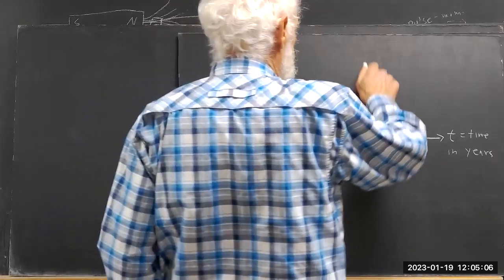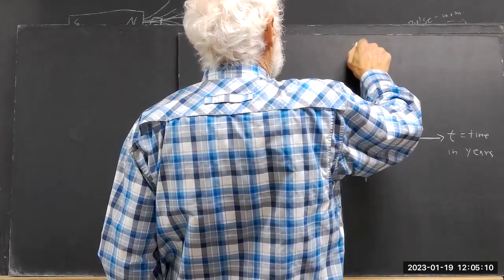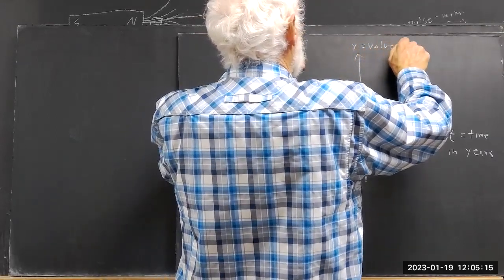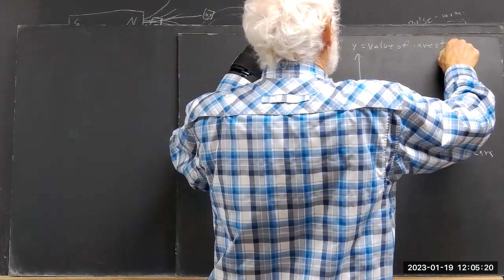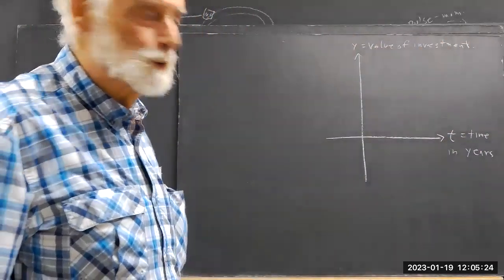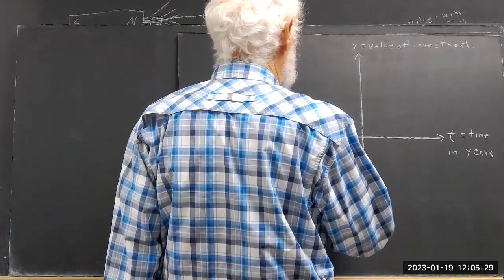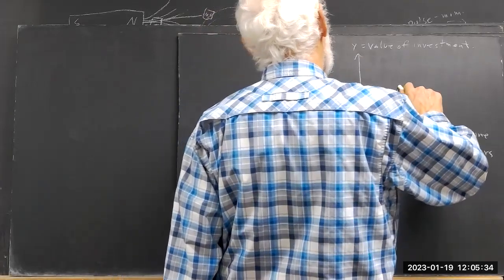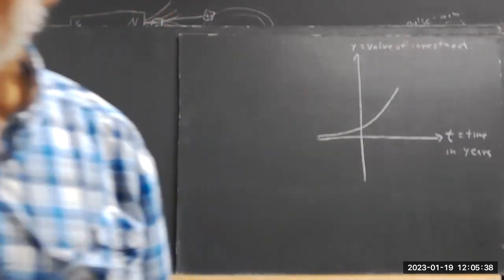These are time in years. Back to money. Although this model also works for populations, ecosystems, and all that stuff. But we have this. And we have a graph that looks something like this.